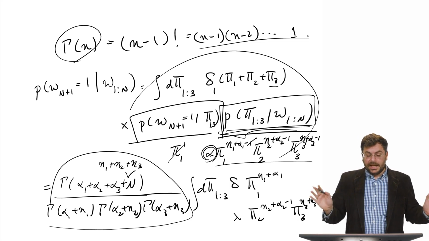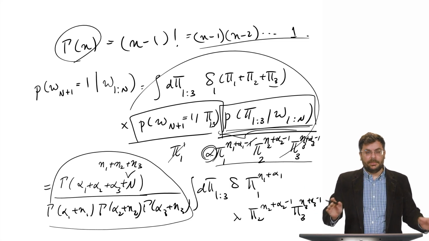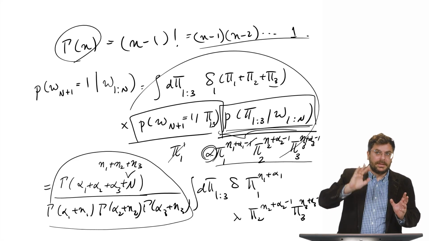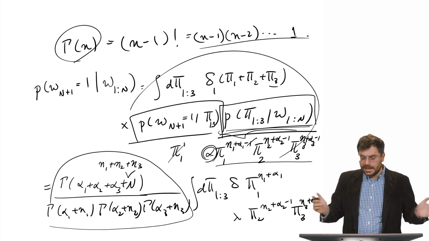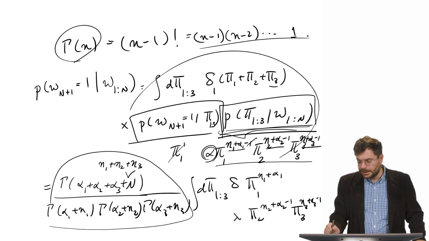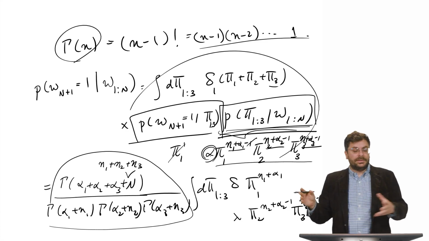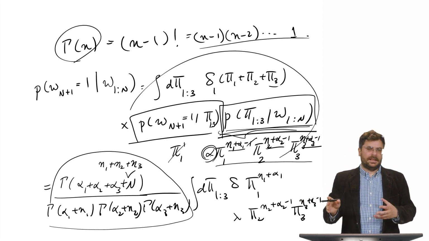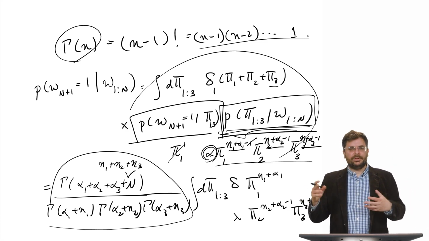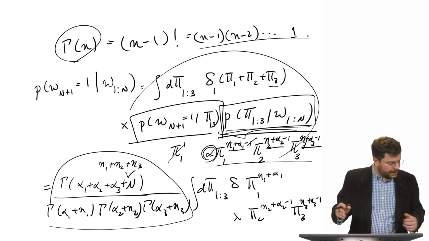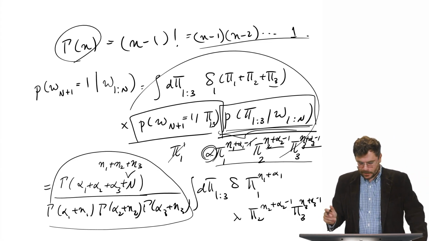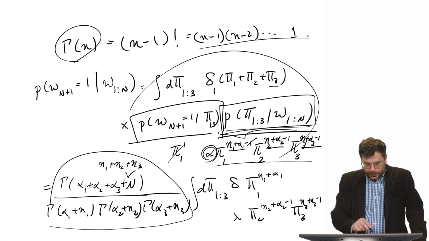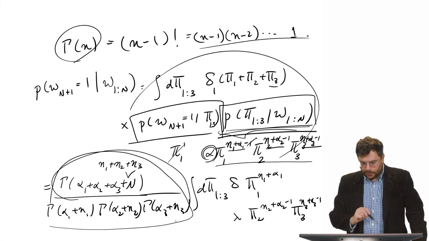I knew how to normalize my Dirichlet when I had pi 1 raised to the alpha 1 minus 1, multiplied by pi 2 raised to the alpha 2 minus 1, and so forth. Here, I basically have exactly the same thing, except rather than alpha 1, alpha 2, alpha 3, it's n1 plus alpha 1, n2 plus alpha 2 minus 1, n3 plus alpha 3 minus 1, and so forth. So the normalization is indeed what I've written down here.